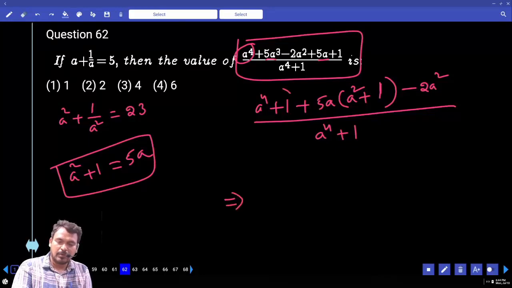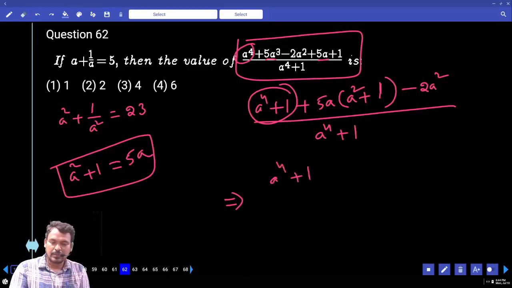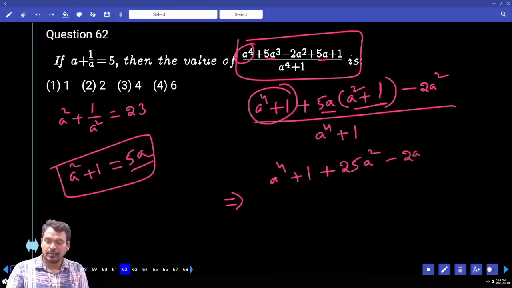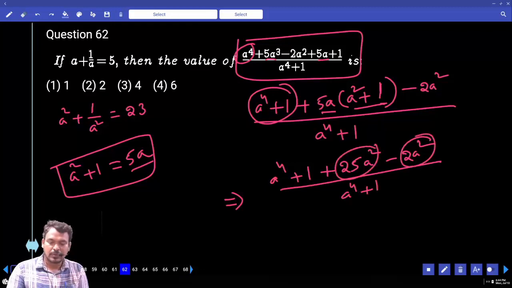So a power 4 plus 1 plus 5a, and what is a square plus 1? 5a. 5a into 5a is 25a square, minus 2a square, by a power 4 plus 1. 25a square minus 2a square is 23a square.